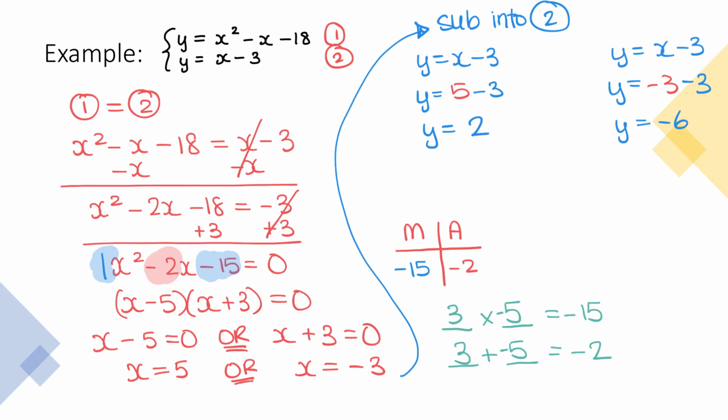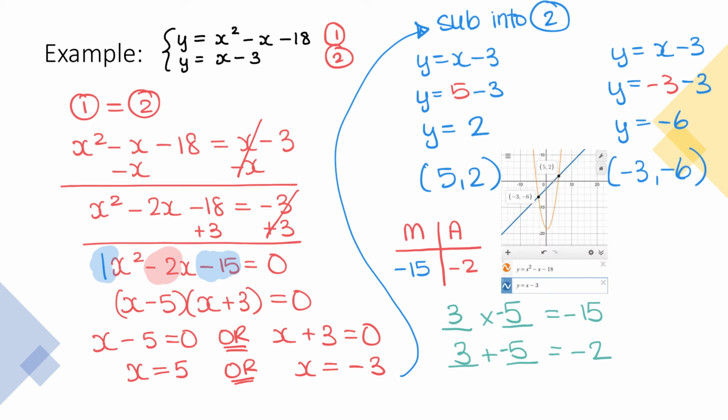So when I have my two solutions, one of the points is, I used 5, so 5 and 2, and the other solution is negative 3 and negative 6.